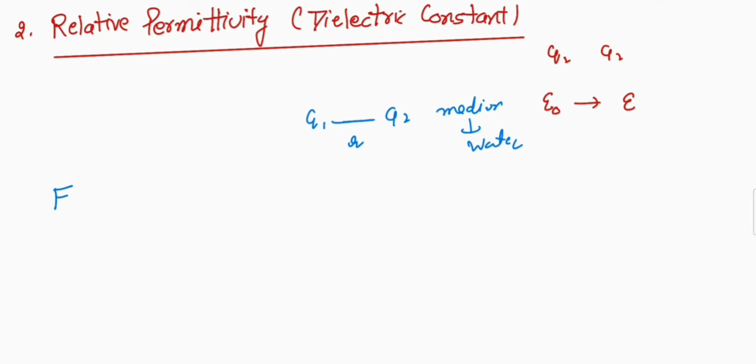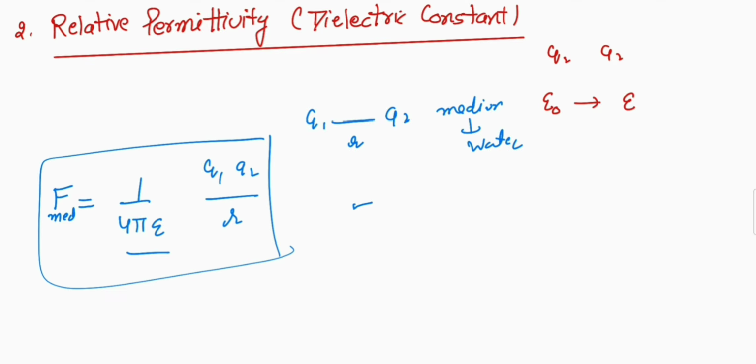Then the force between these two charges in the medium is equal to 1 upon 4 pi epsilon Q1 Q2 divided by R square. And we know in vacuum, this force is equal to 1 upon 4 pi epsilon naught Q1 Q2 divided by R square.